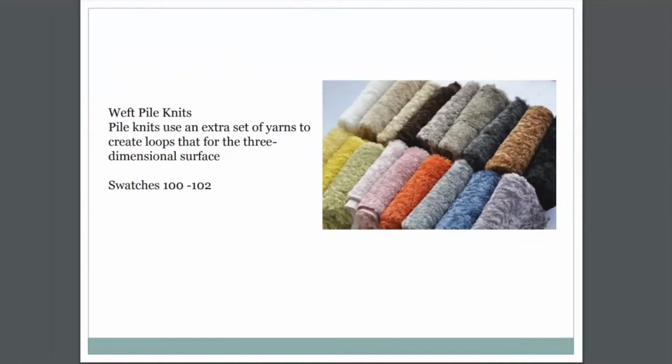So you have the horizontal and the vertical knits, and then you have an extra set of yarns that create, just like in a pile weave, those loops that can be cut or uncut to create that dimensional surface. So the key to these is to look at the back. How do we know that it's a knit versus a weave? So, fake fur number 100 of acrylic.